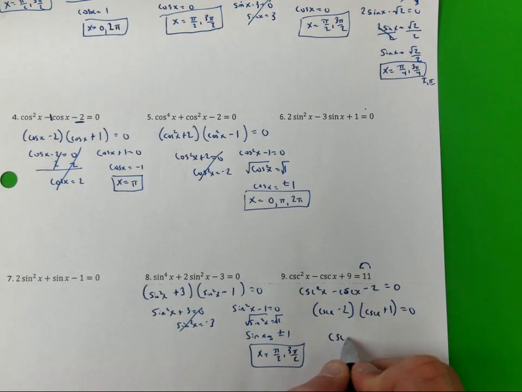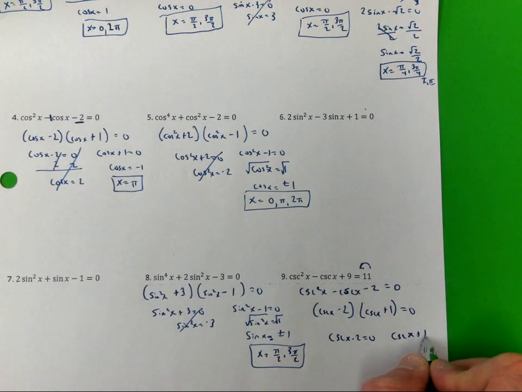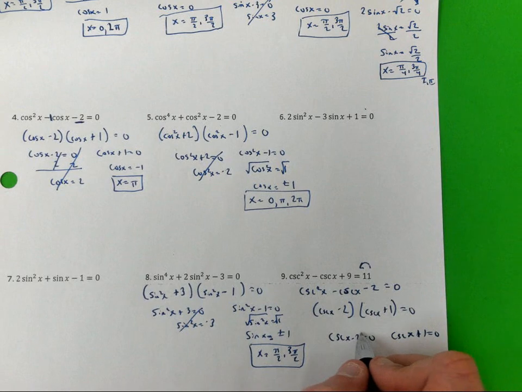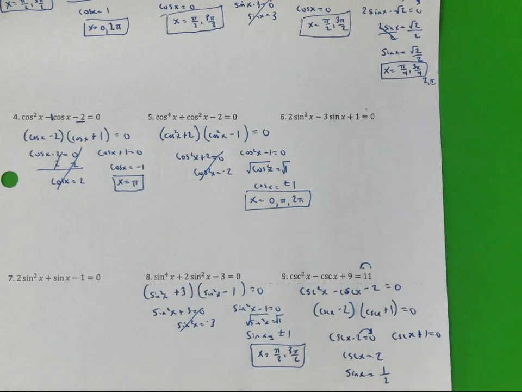Now I'm going to set both of them equal to 0. I move this over here. That gives me 2. Now this is where, if I'm going to change it to sine, I'm going to put sine x and do the reciprocal, 1/2. So I'm looking for where my y value is positive, and it's 1/2.